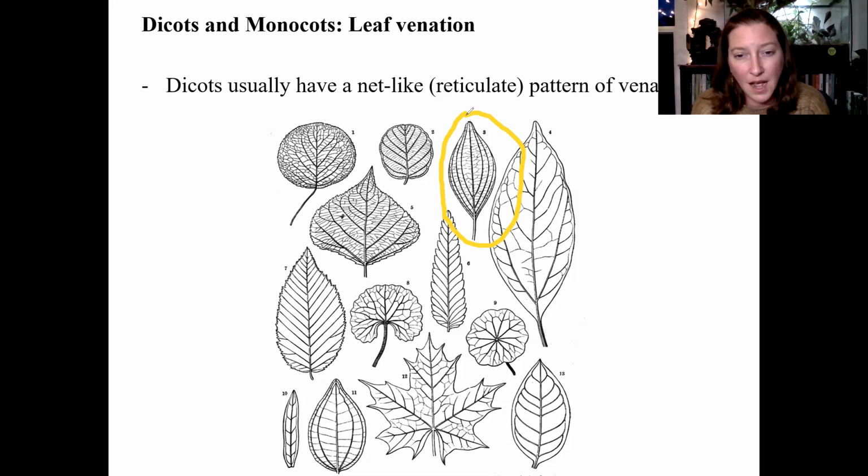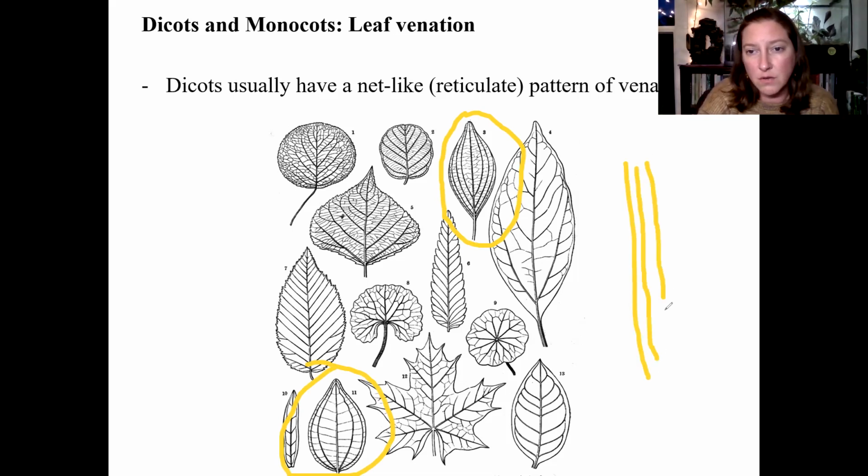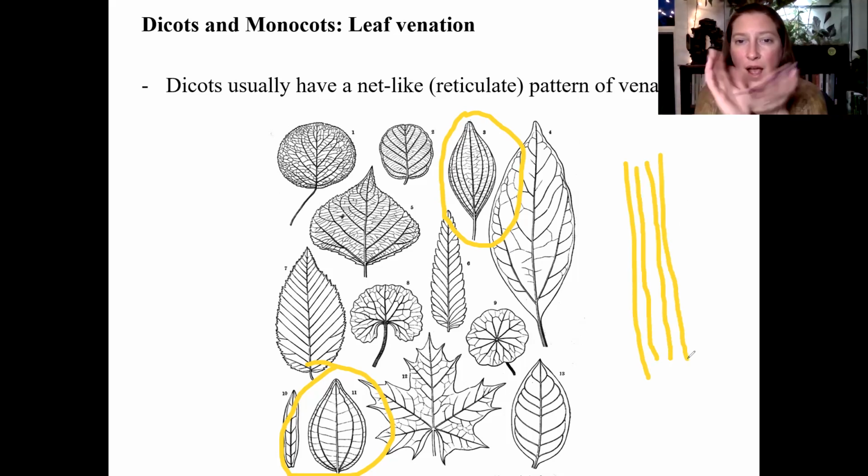I get it, kind of does, right? Likewise, you could say this kind of looks like parallel venation to me, like that one you showed me on the previous one. Yes, except with parallel venation, you literally just have straight lines of veins, and they don't really interact with one another.